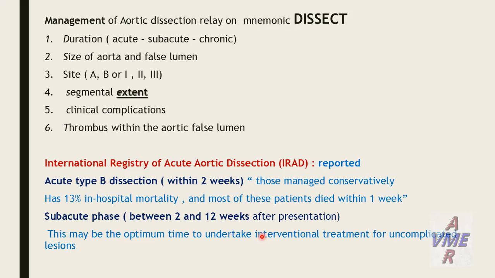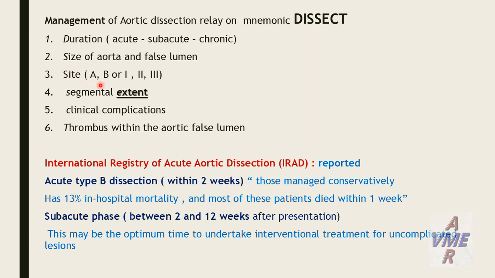Management of aortic dissection relies on the mnemonic DISSECTION. D for duration: acute means the first 2 weeks of presentation, subacute between 2 weeks up to 6 weeks, and in other literature up to 12 weeks. Chronic means more than 6 weeks or 12 weeks. Then size of the aorta and false lumen.